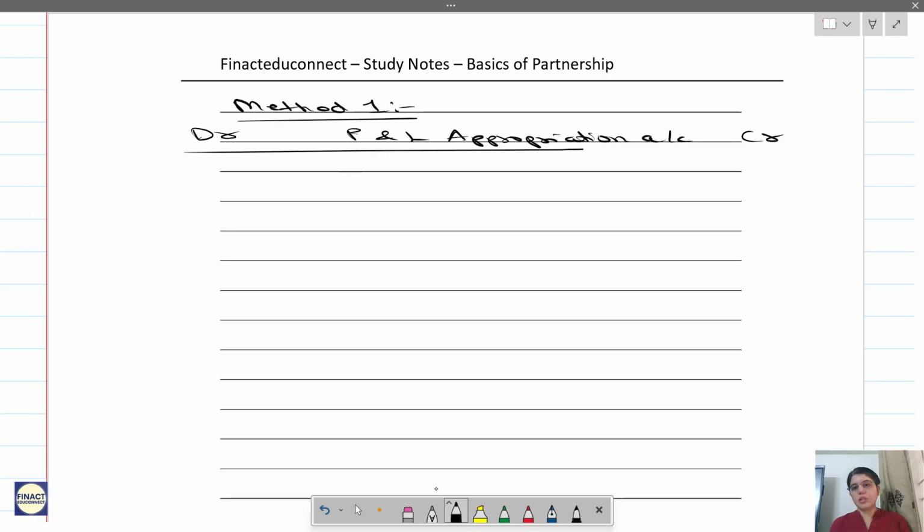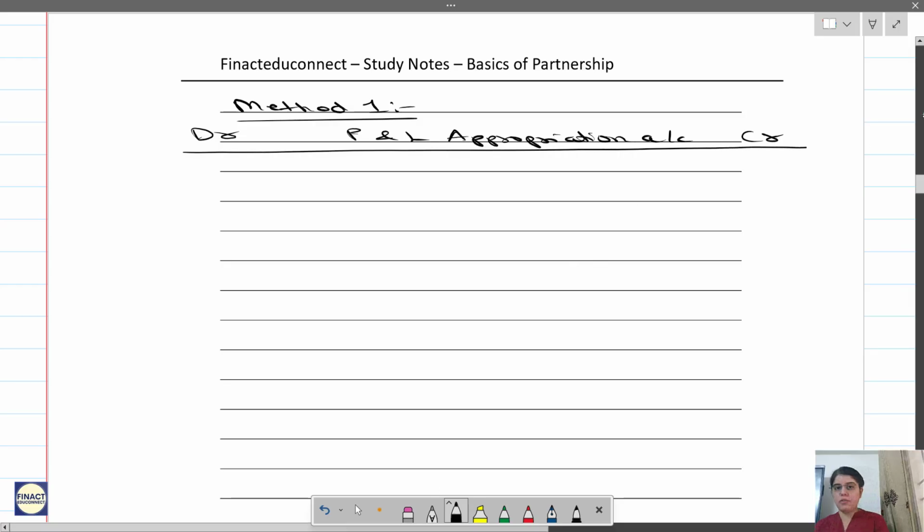We are just doing the example, that is the reason I am not drawing the complete format. So here, profit and loss appropriation account. By P&L account, on the credit side you have the net profit.